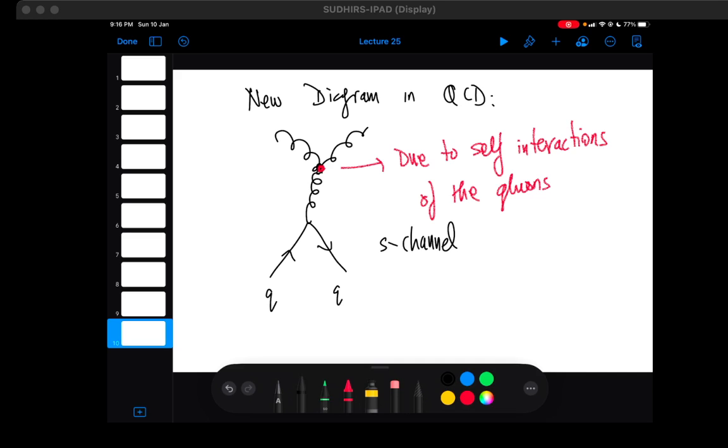Now you can ask the question. You have gluons in the final state. The other thing we had to worry about is, now we understand that except for the color factors, it's almost the same. Now gluons are in the final state, so how do they appear? The two gluon state in the final state should be in a color singlet state.